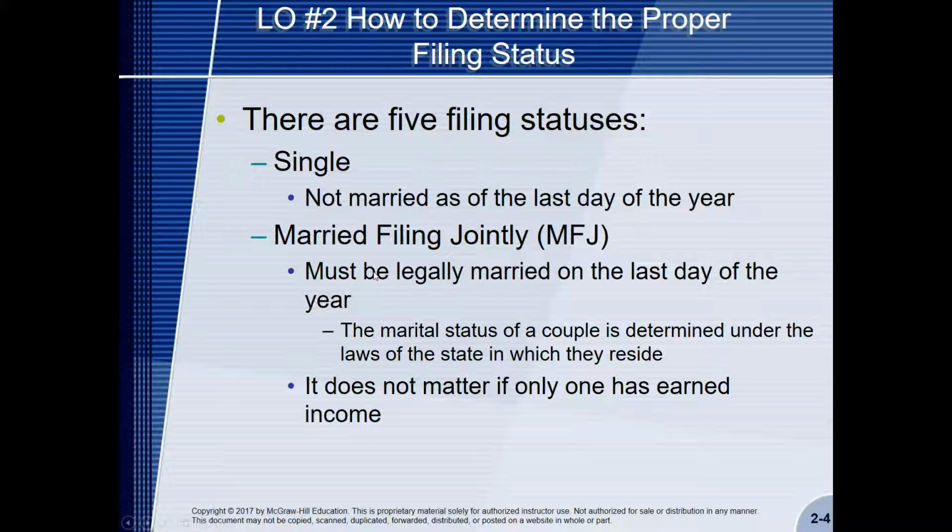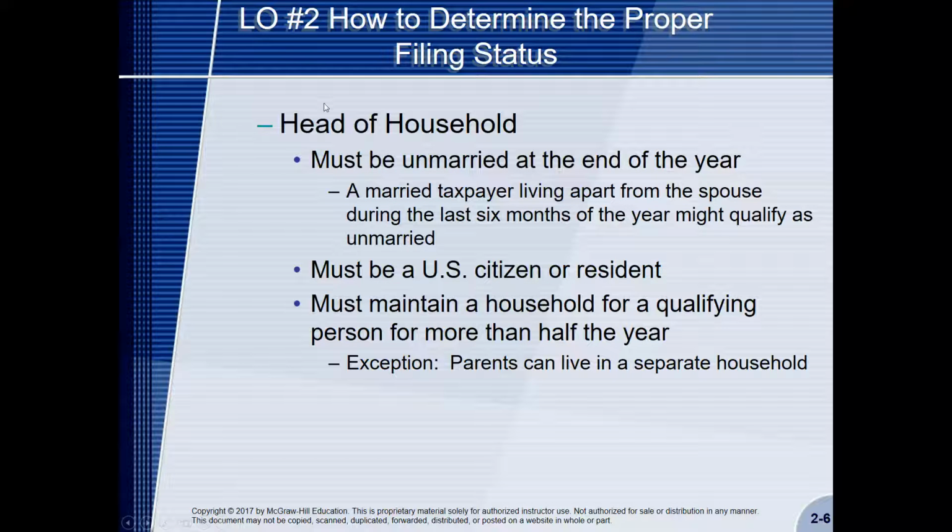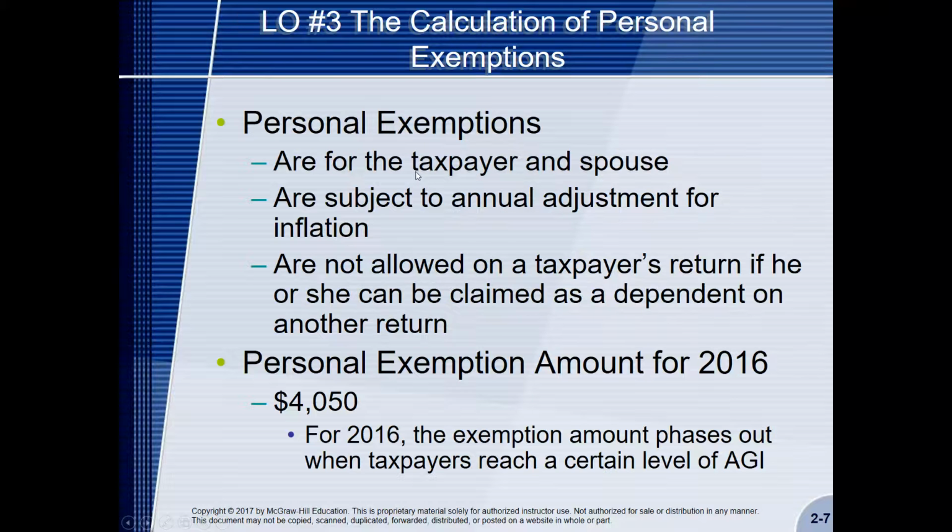Now, the first homework question that we're going to deal with is the question of what are the 5 filing statuses? And this will require you to read the textbook or read your e-text carefully, on how a taxpayer can either be single, married filing jointly, married filing separately, which is not used very often, the head of the household, and again, you need to understand the concept behind each one of these.